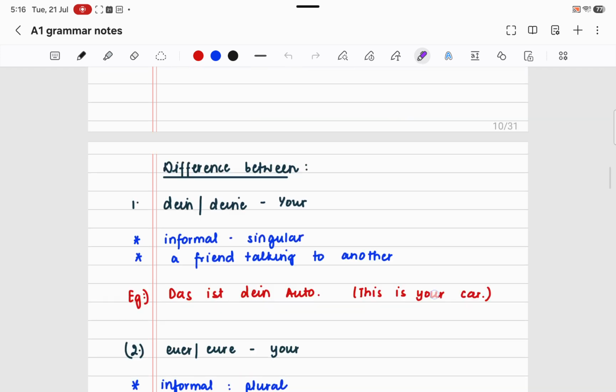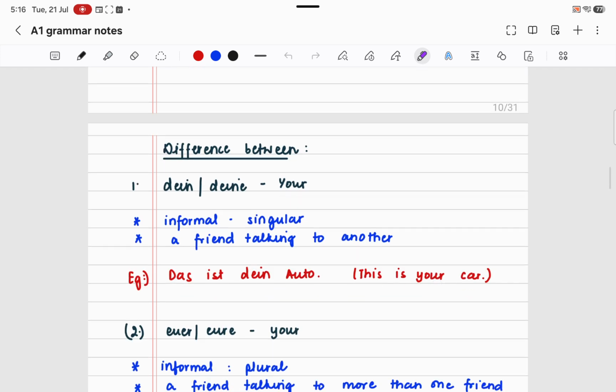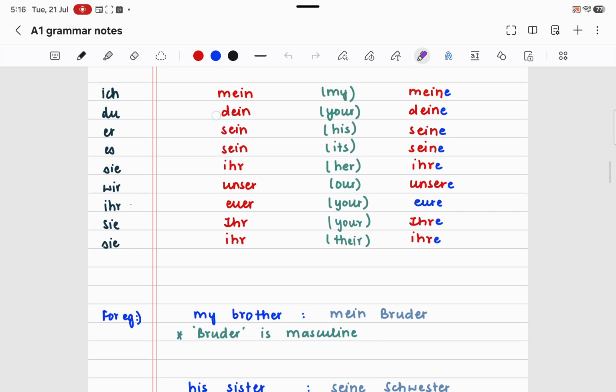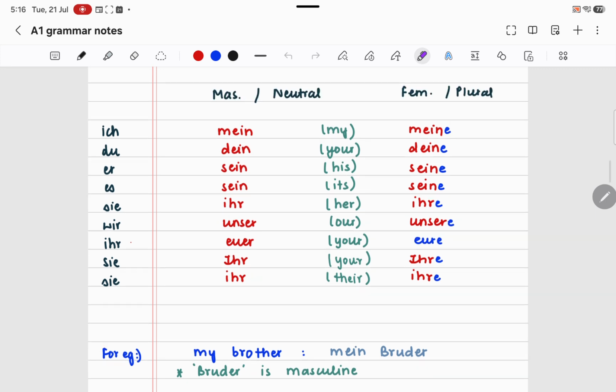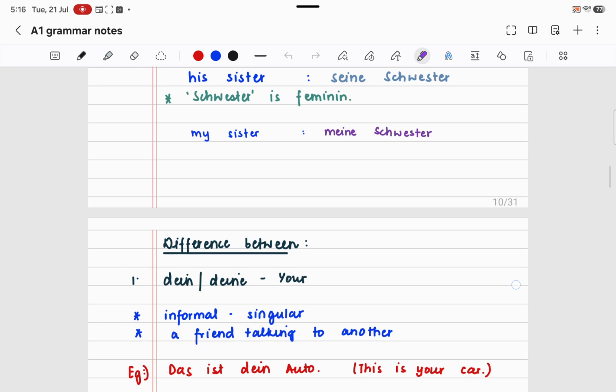Coming to the next element, we have three words for your. One is dein, the other one is Ihr, and the third one is euer. Why do we have three words for your, when in English we only use one? The answer is very simple.